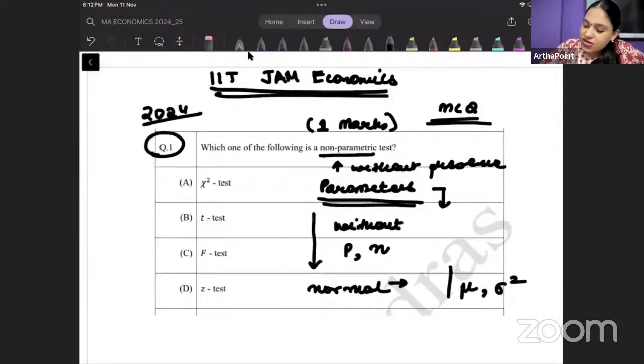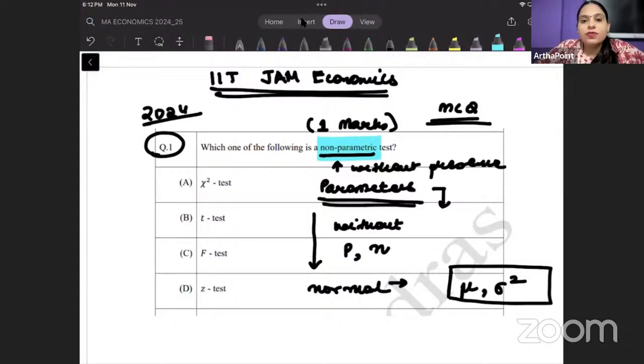So we have studied these things, isn't it? So it is asking which of the following is a non-parametric test, a test which can be performed without the presence of parameters. Okay.